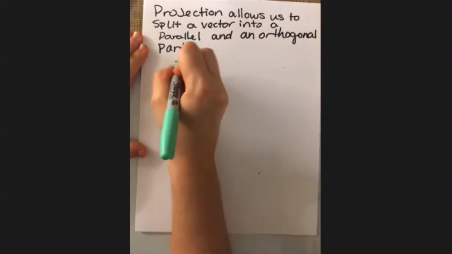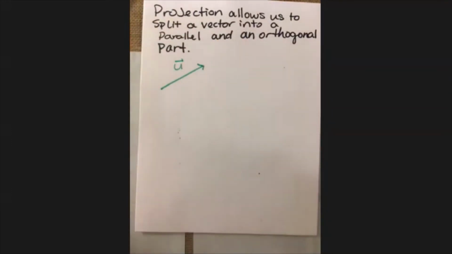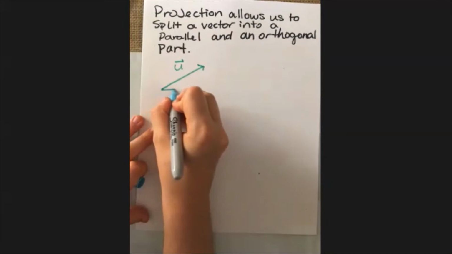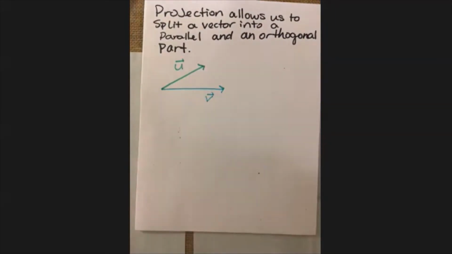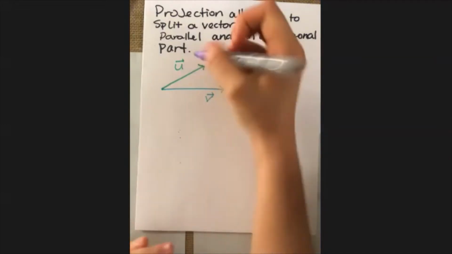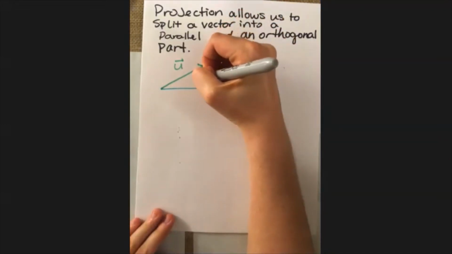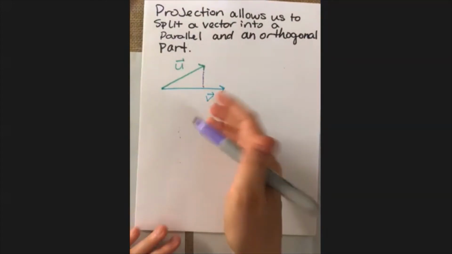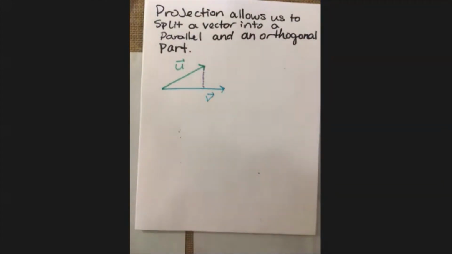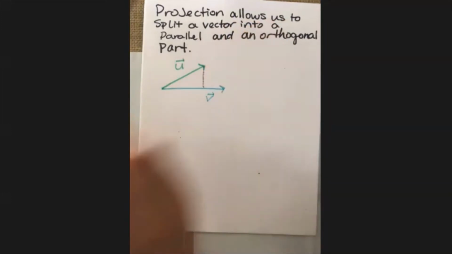So here's u. And here is our vector v. And suppose now that we want to project u down onto v. Well, notice that we're taking u and we're imagining that it collapses down vertically onto v. So it winds up with this vertical component here.